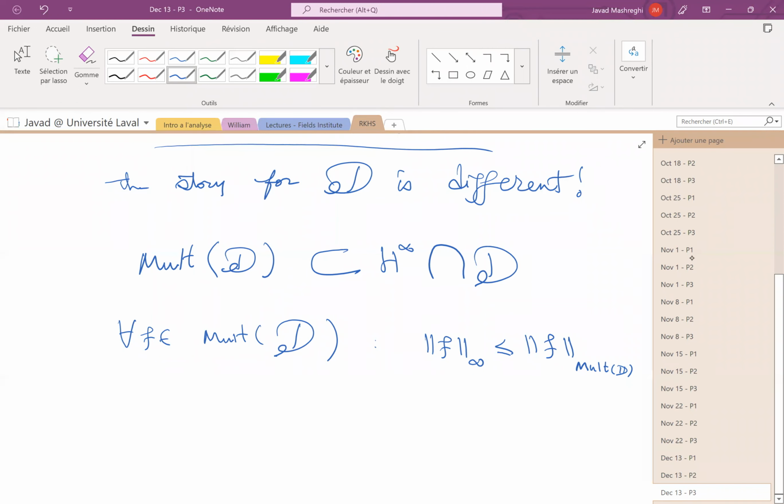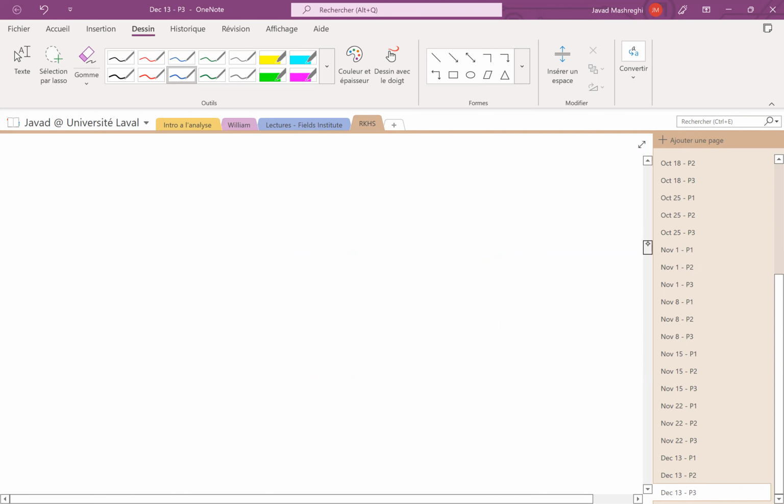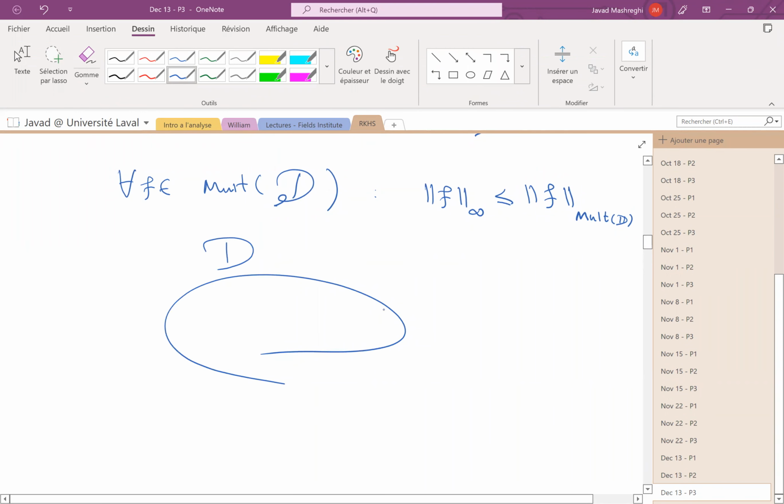In the previous two cases, when we take the intersection of, for example, H2 with H infinity, it is H infinity. But here it's not the case. It's a bit smaller. You can imagine it like this: this is D, this is H infinity, and this is the intersection.